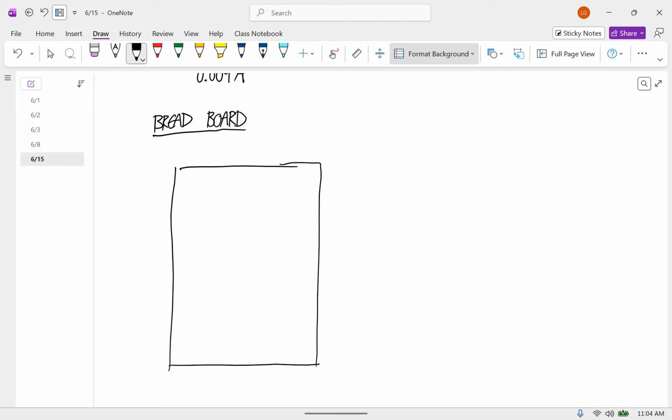And there are little connections all over the place. And I'm going to first draw lines and then draw the little connections.